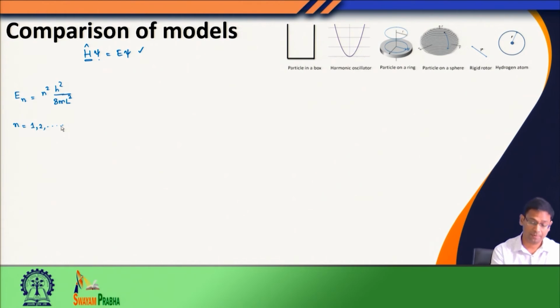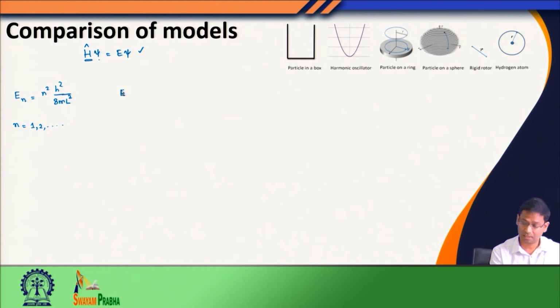Remember, n equals 0 is not allowed. We discussed why it is not allowed when we were discussing this problem. The other thing that you must notice is that the energy here depends as a function of n square. Now, we would have more idea to compare when we write down the other solutions.